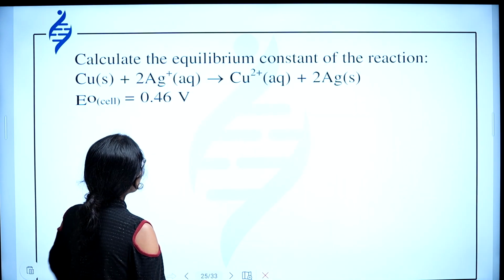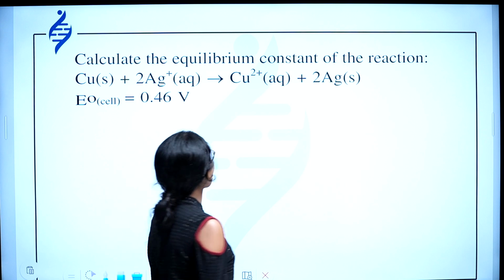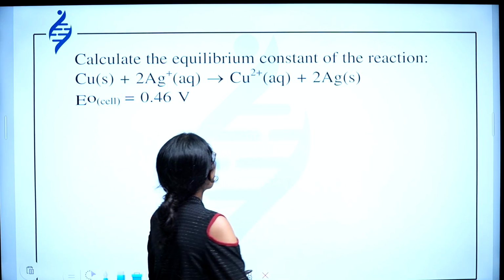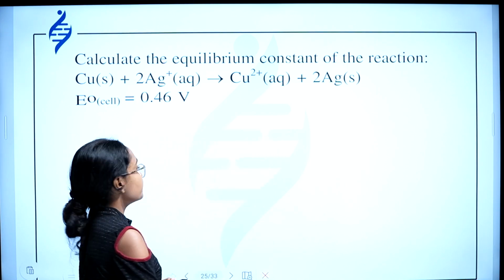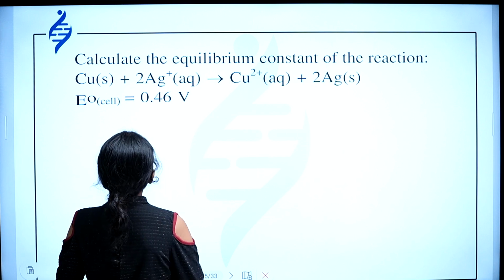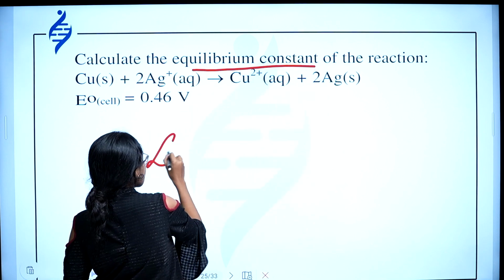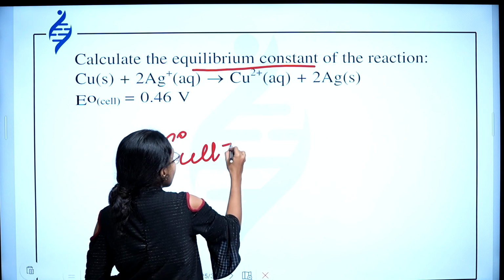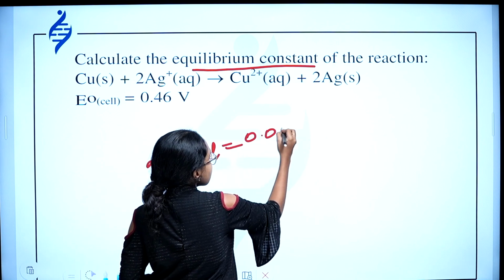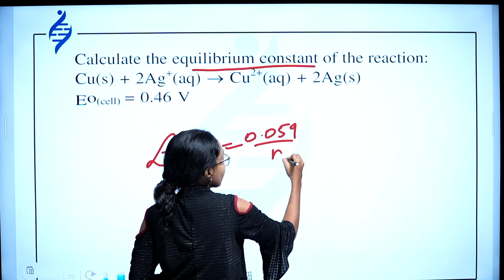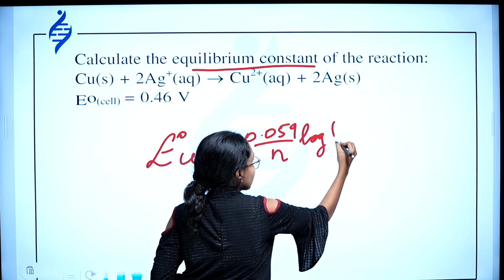Now we have a problem here. Calculate the equilibrium constant of the reaction Cu plus 2Ag+ gives Cu2+ plus 2Ag. We are asked to find the equilibrium constant. We know the equation, E naught cell equals 0.059 by n log Kc.